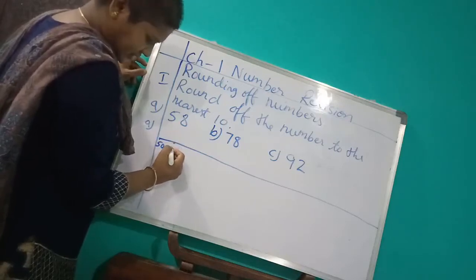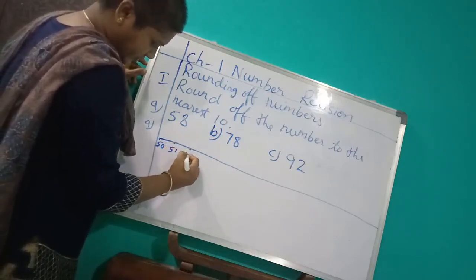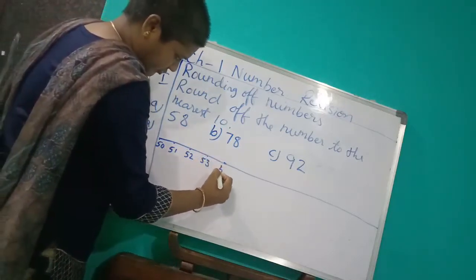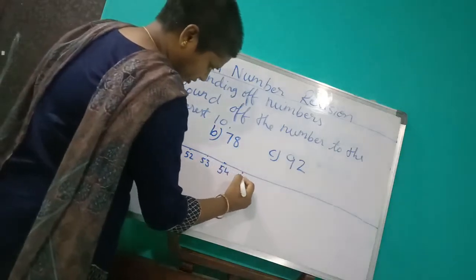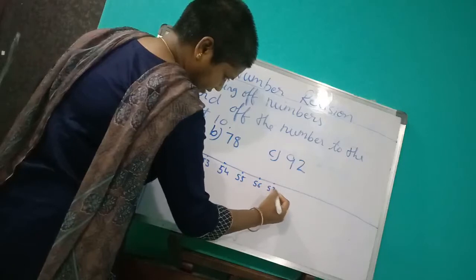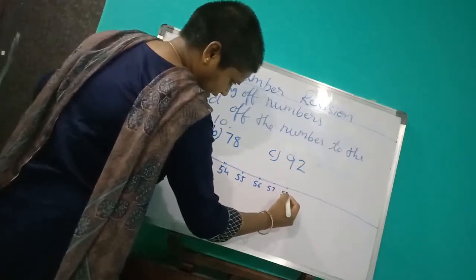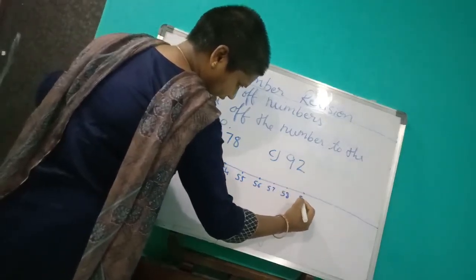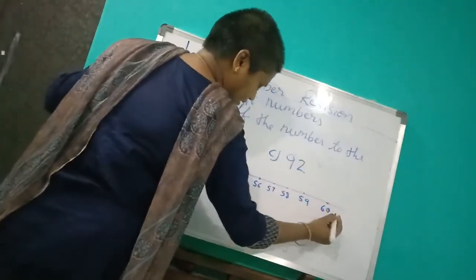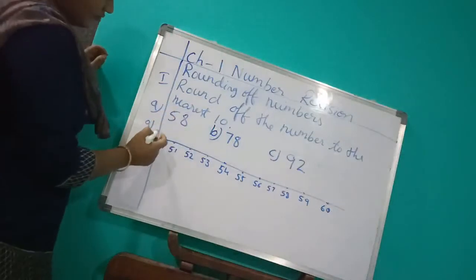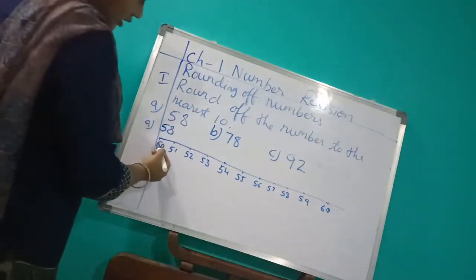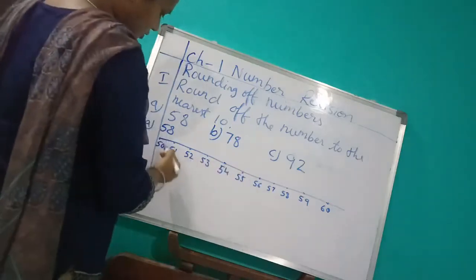You should take 51, 52, 53, 54, 55, 56, 57, 58, 59, 60.